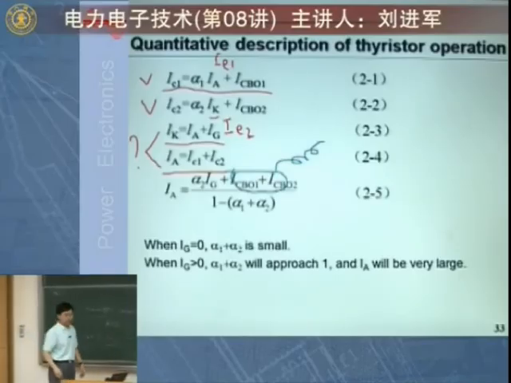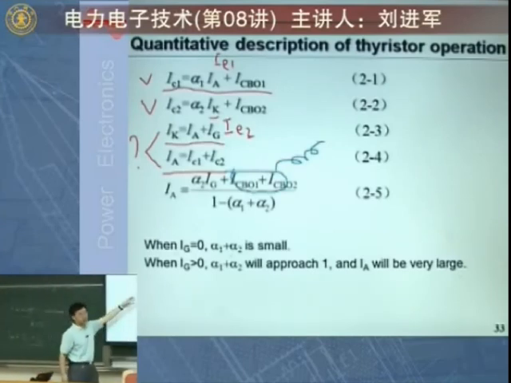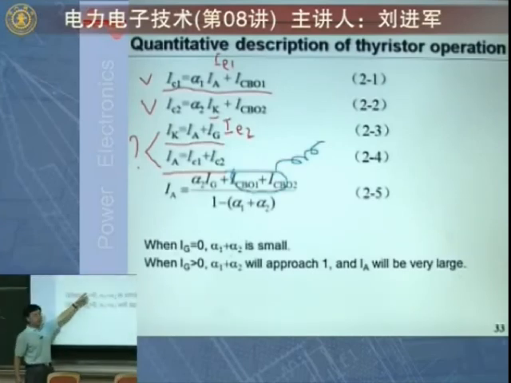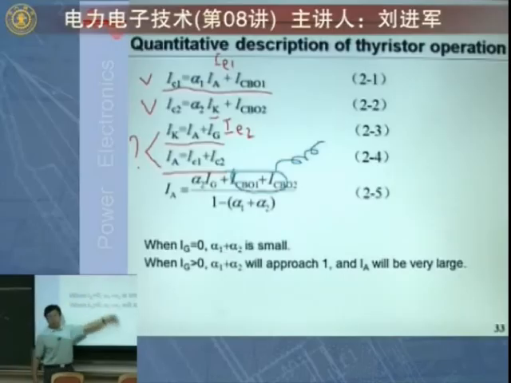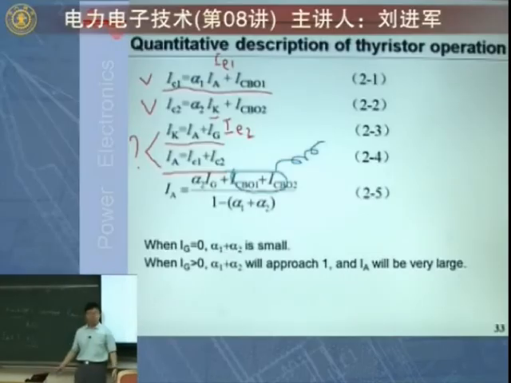So in this case, when there is no IG, then alpha is very small. Alpha is also 0. Then nothing happens.